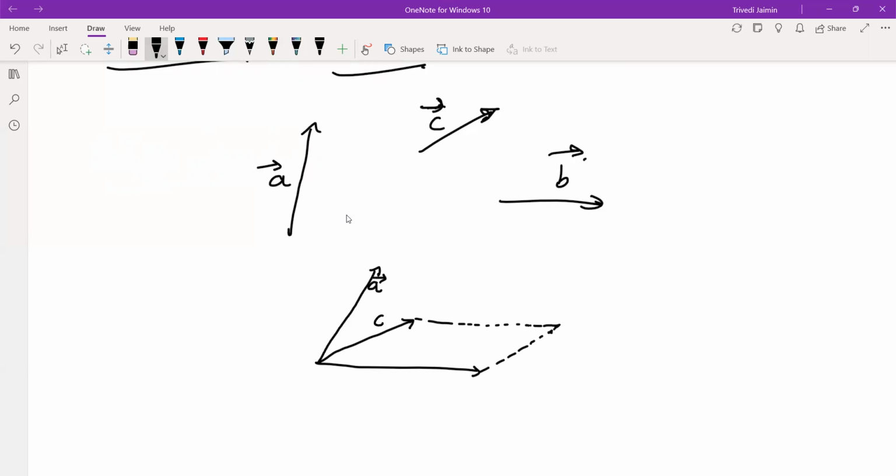A, C, this is B cross C with angle phi. This angle is theta.